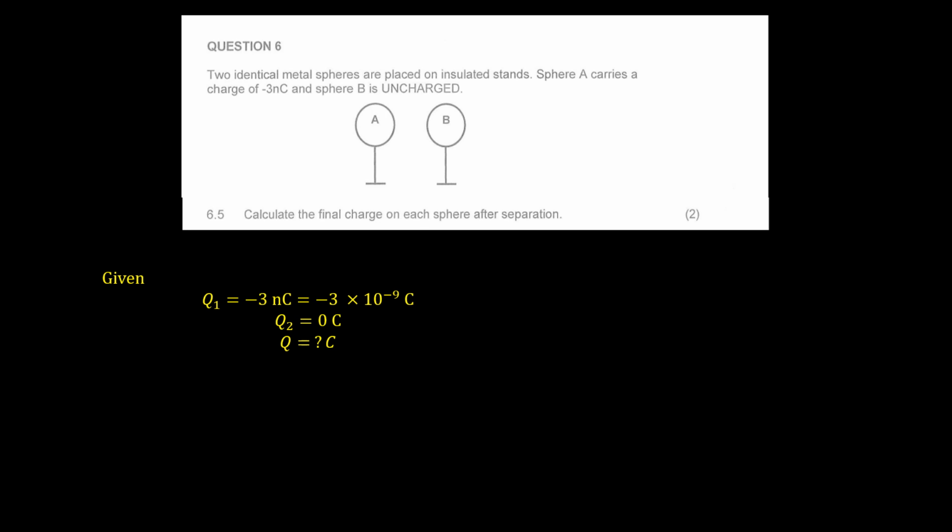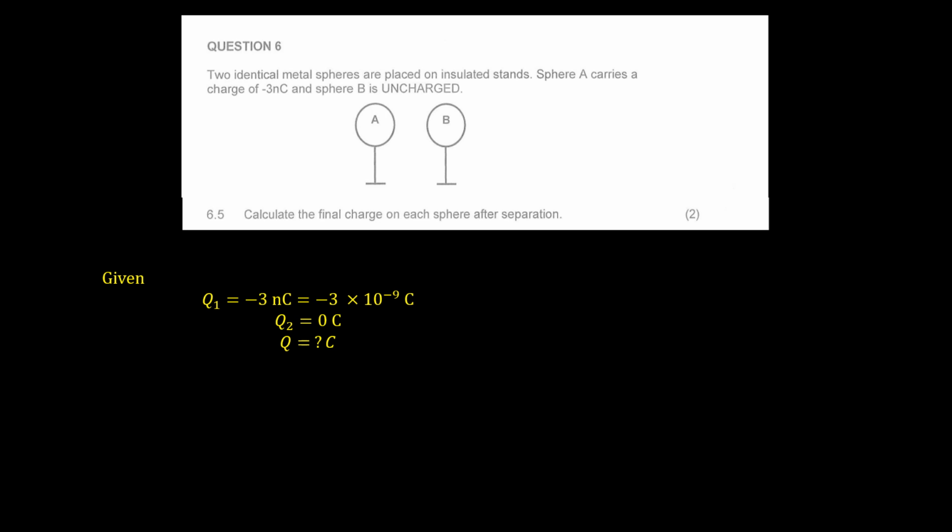And this is because of the principle of conservation of charge, which states that the net charge of an isolated system remains constant during any physical process. This simply means that we cannot create nor destroy charge. It can only be transferred from one conductor to another, or from one material to another.